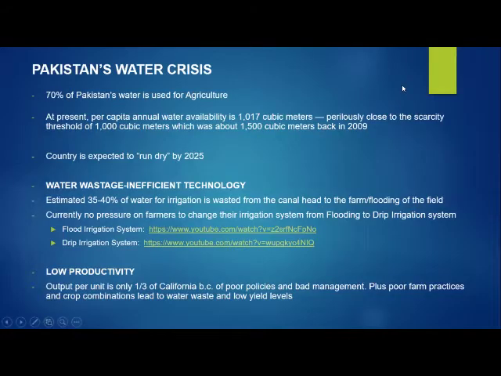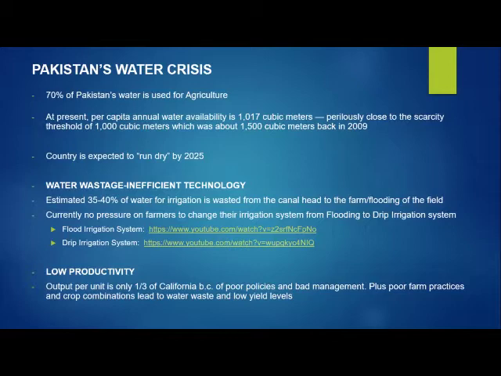So next I want to talk to you a little bit about Pakistan's water crisis. Now, if we look at Pakistan, 70% of Pakistan's water is being used for agriculture. And the country is very close to reaching a very dangerous level in terms of water scarcity.